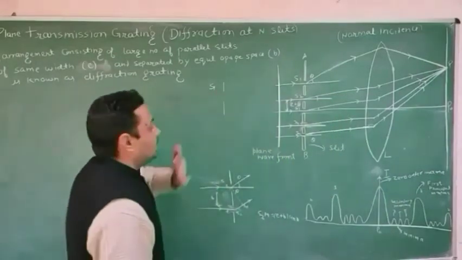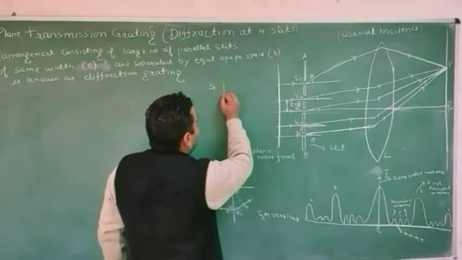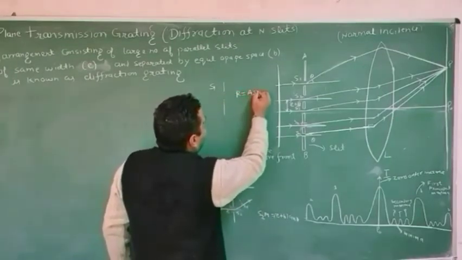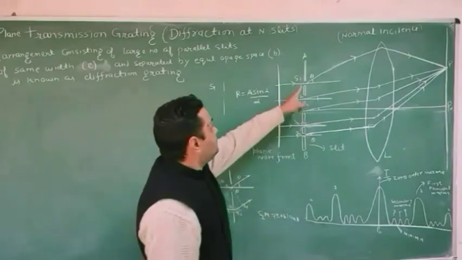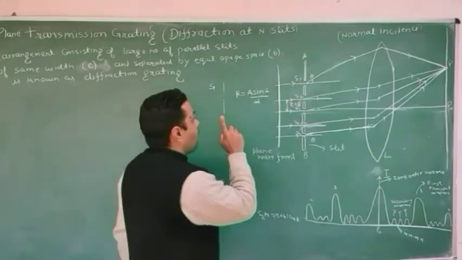Understand? This is the case of the single slit, and we have already discussed that the resultant of this is A sine alpha upon alpha. So from S1 the resultant is A sine alpha upon alpha.